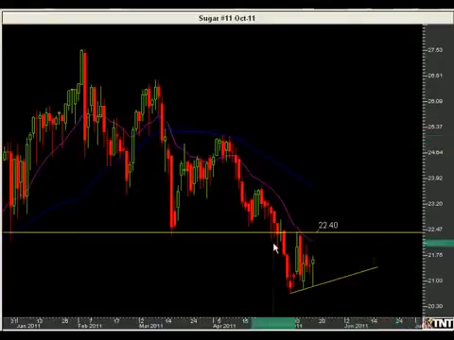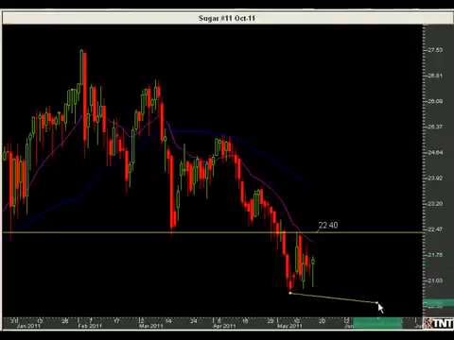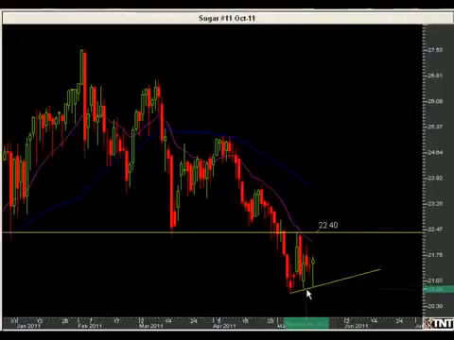Notice where the market bottomed out. It bottomed out right on this support trend line. So what is that telling you? That is telling you that there are buyers down here. There are people who are buying this trend line support. And whether you draw a trend line on there or you just eyeball it, the fact remains that there is buying going on here, and it is making it very difficult to sell.